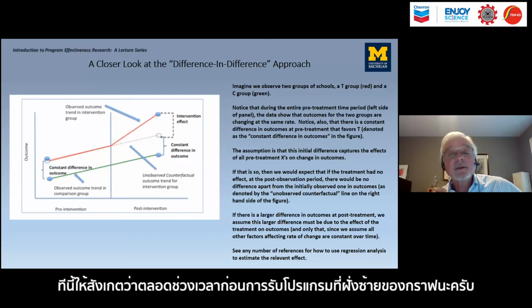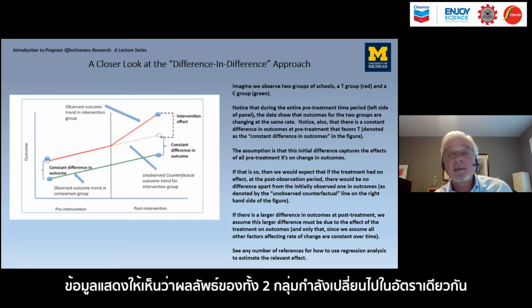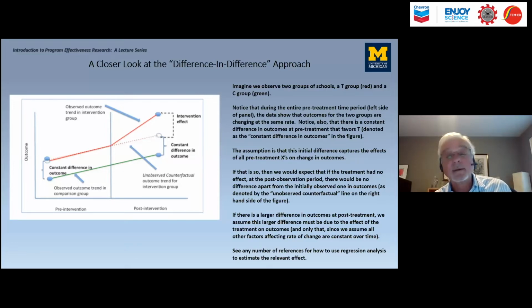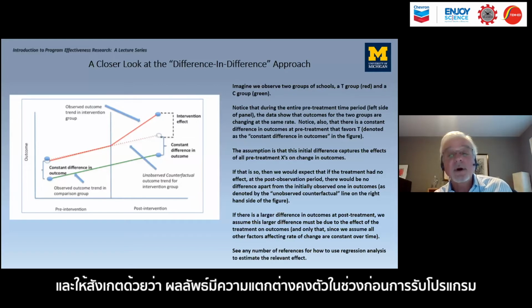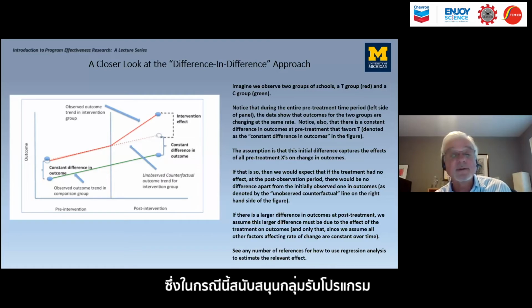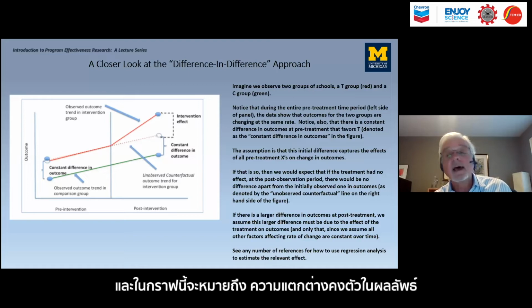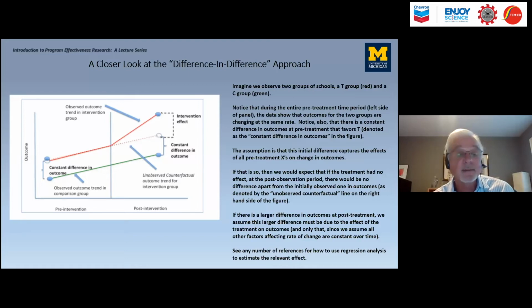Now notice that during the entire pre-treatment time period, the left side of that panel, the data show that outcomes for the 2 groups are changing at the same rate. And notice also that there's a constant difference in outcomes at pre-treatment, in this case that favors the treatment group, and is denoted in the graph as the constant difference in outcomes.